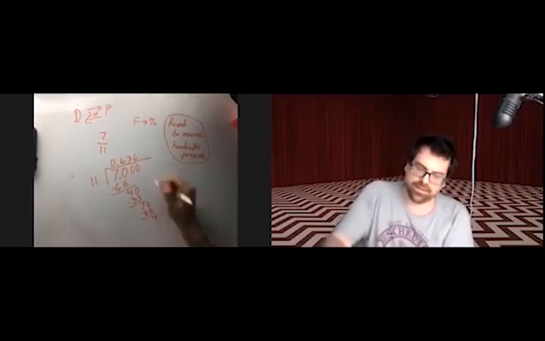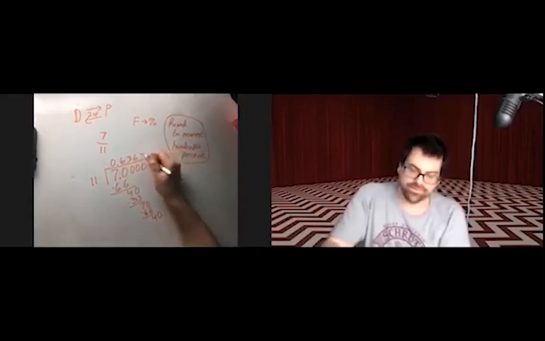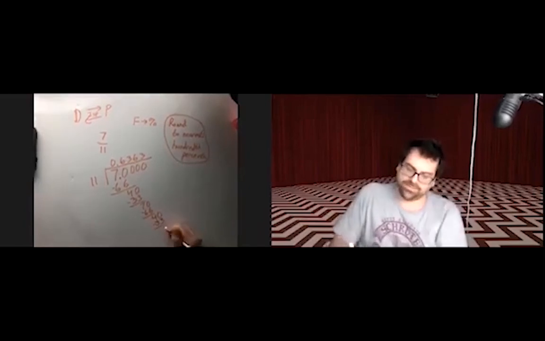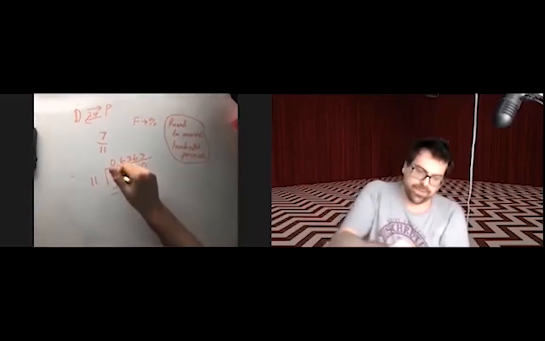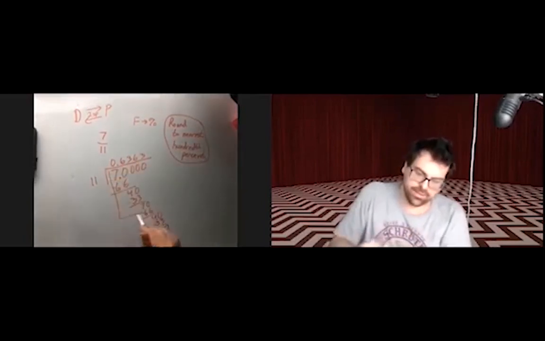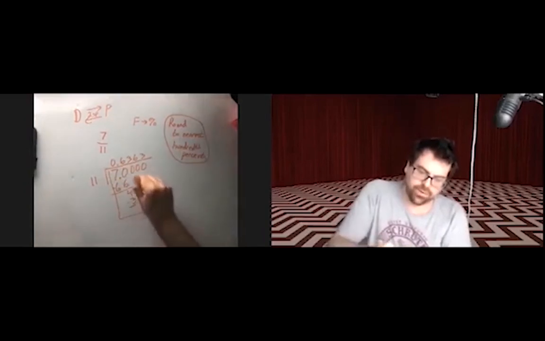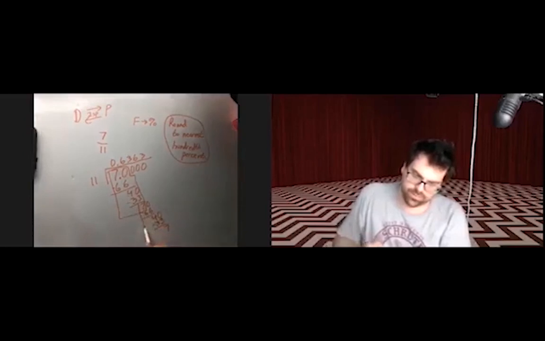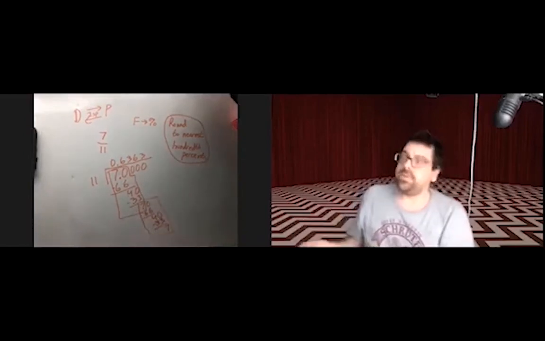It's happening. Oh my God, it's happening. We have a repeat. The 70 minus 66 gives us a 4. There's that repeating group.